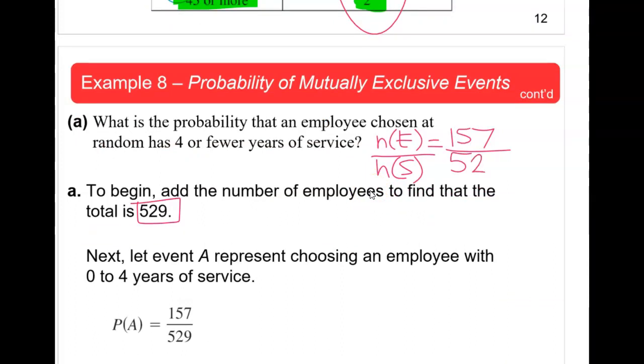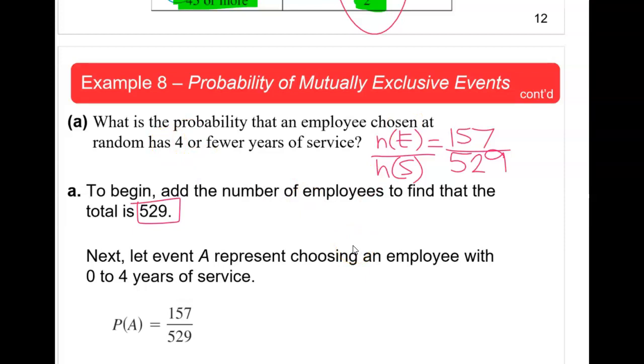So then we will have this problem, 157 divided by 529. So with web assigned, be careful. They might want the exact answer, or they might want a decimal representation. 157 and 529, they have no factors in common, so we cannot reduce the fraction, so that will be the exact answer.